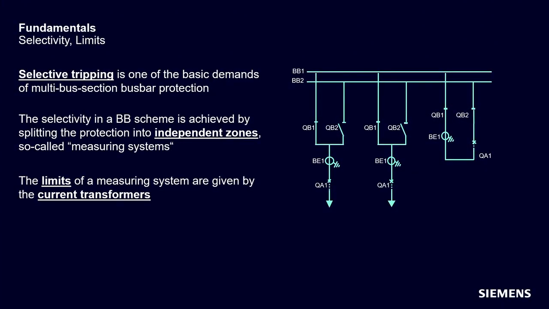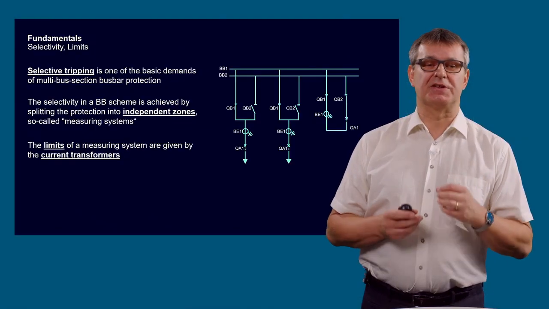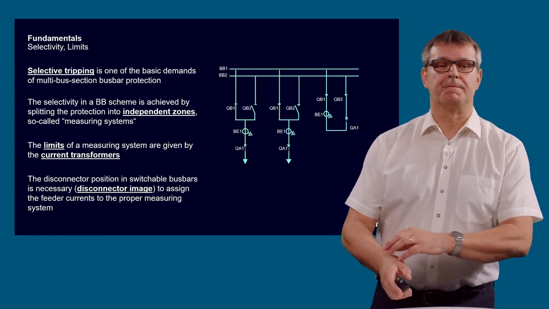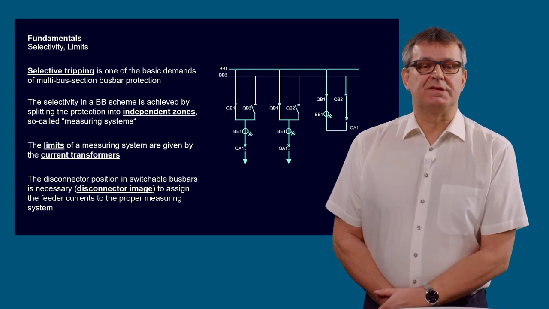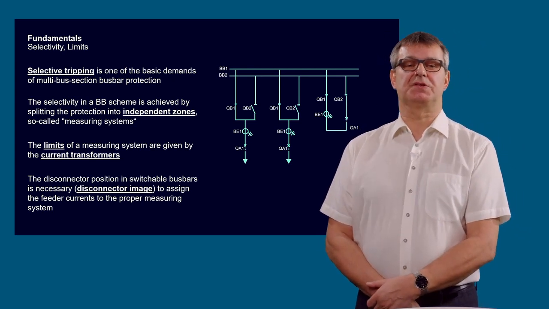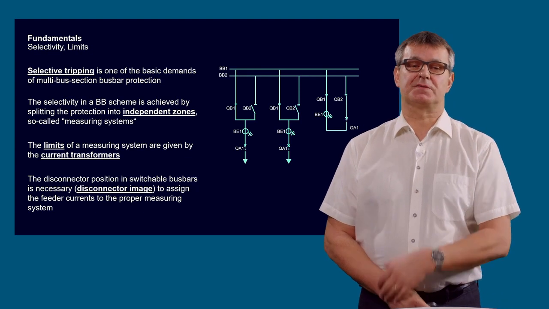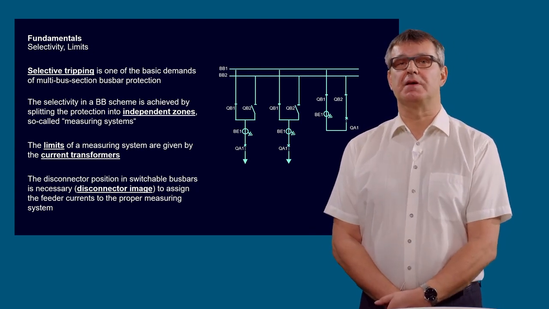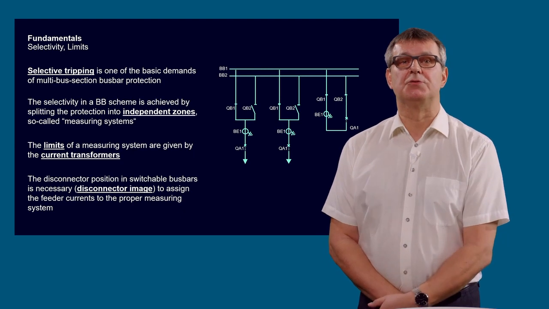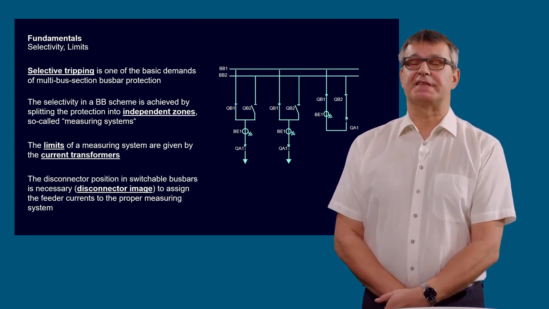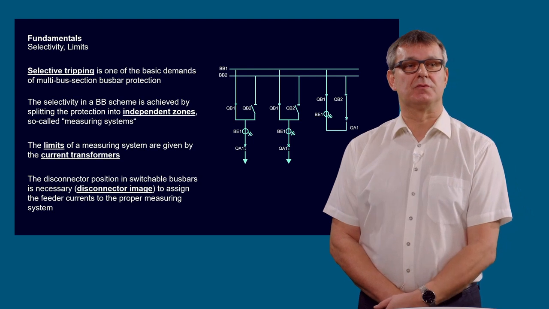As it is a differential protection, the limits of the measuring systems are, as in every differential protection, the current transformers. And we need the disconnector positions in switchable busbars. It's different in a single busbar, but in a double or triple busbar we need the disconnector image to assign the feeder currents to the proper measurement systems.